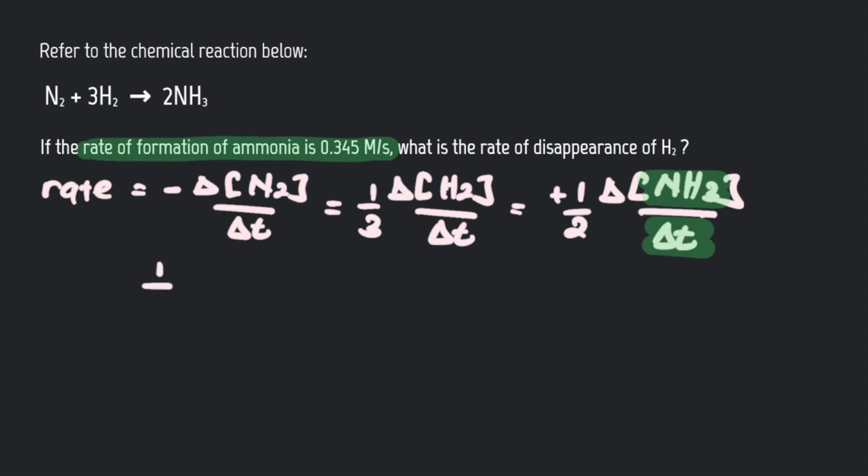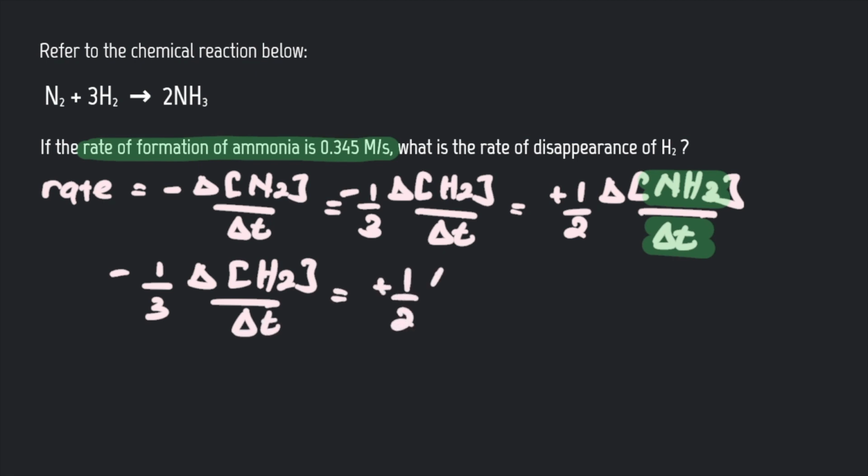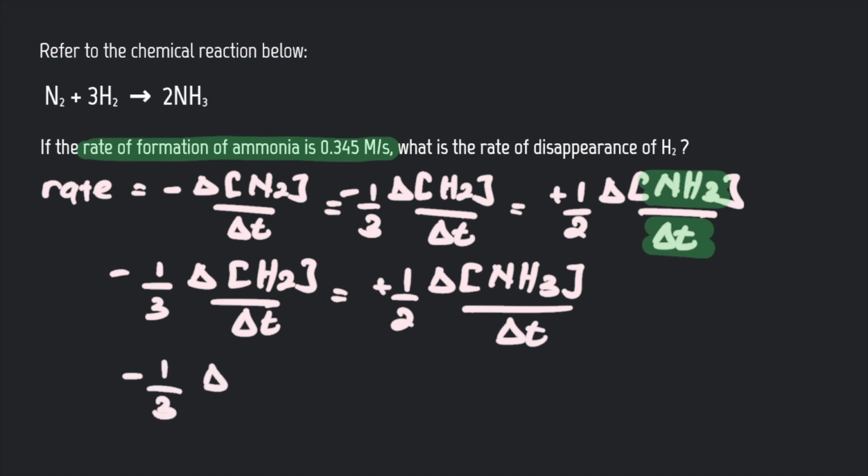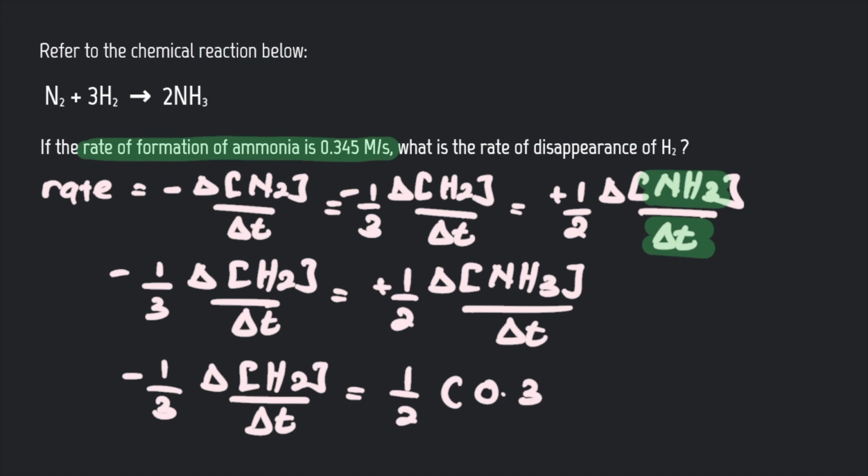In saying that, you can write 1/3 delta H2 over delta T is equivalent to positive 1/2 delta concentration of NH3 over delta T, whereby your NH3 is equivalent to 0.345.